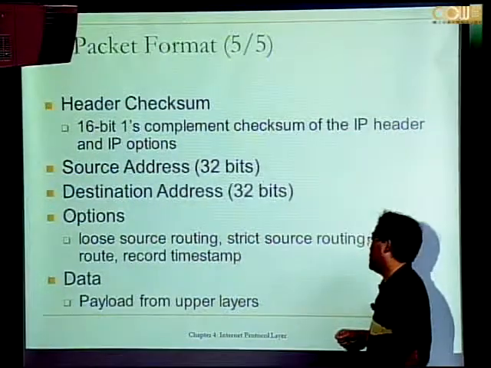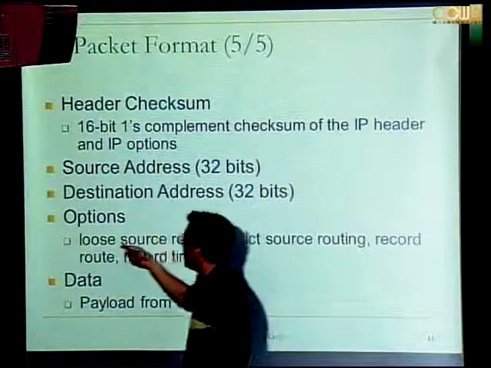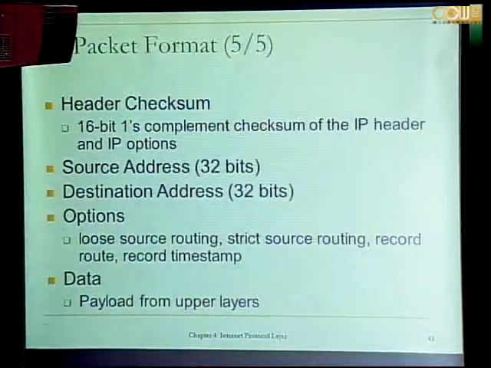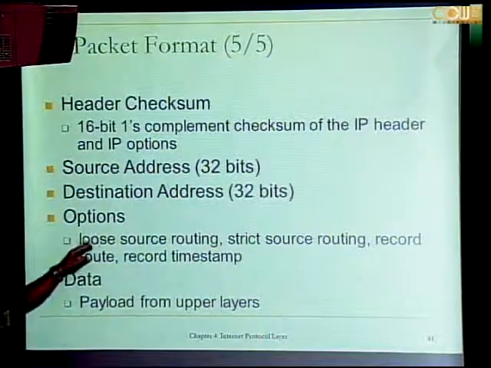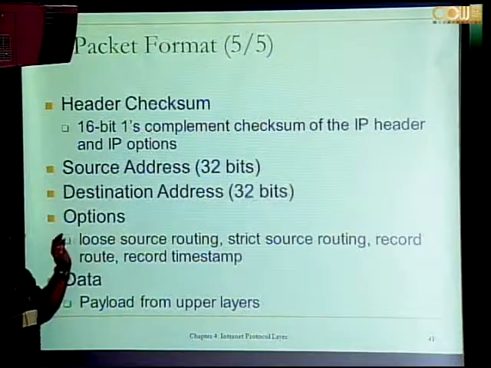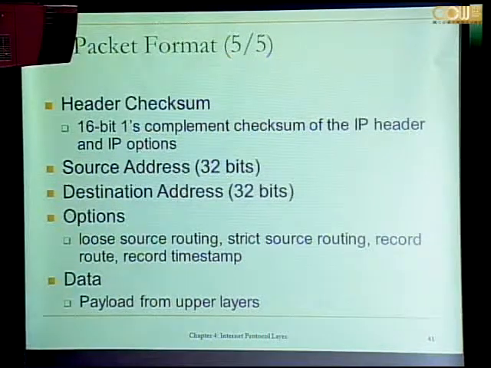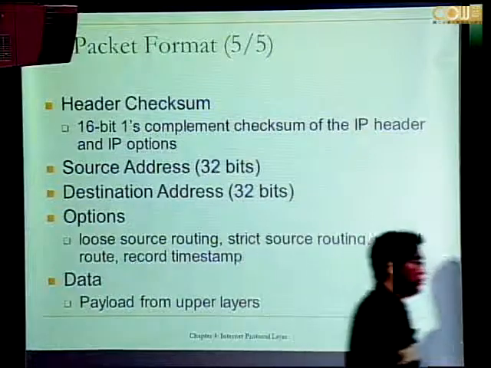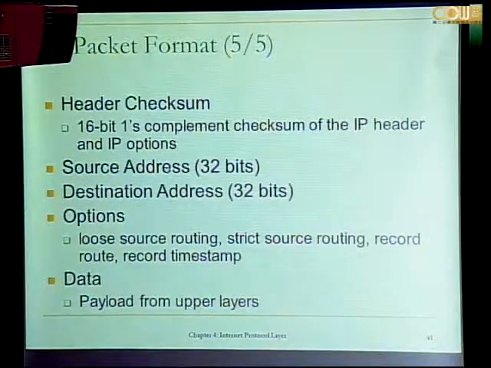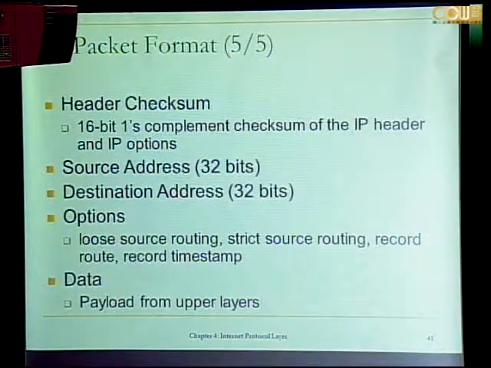Strict source routing. But there could be loose source routing, meaning I want to reach destination X, but before reaching X, please visit Y. Suppose I have X, Y, and Z. So there could be a path.